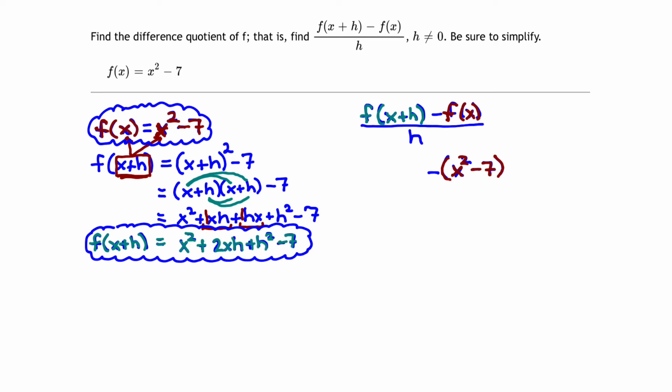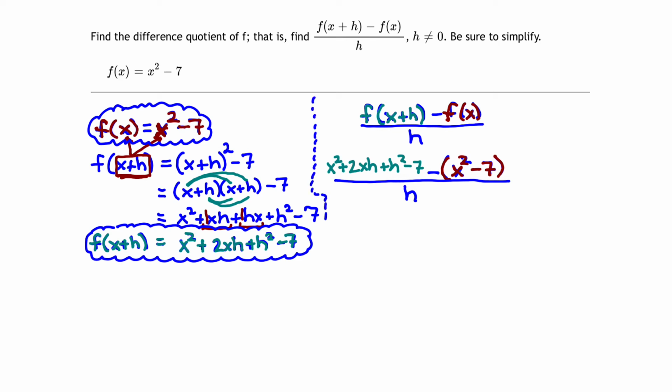And so I'm going to use that expression to replace right here in my difference quotient. Namely, I'm going to write x squared plus 2xh plus h squared minus 7. The whole thing is divided by h. And now I'm well on my way to doing this difference quotient.